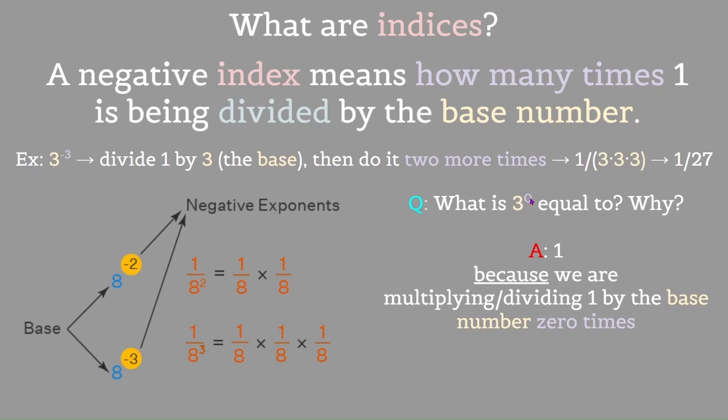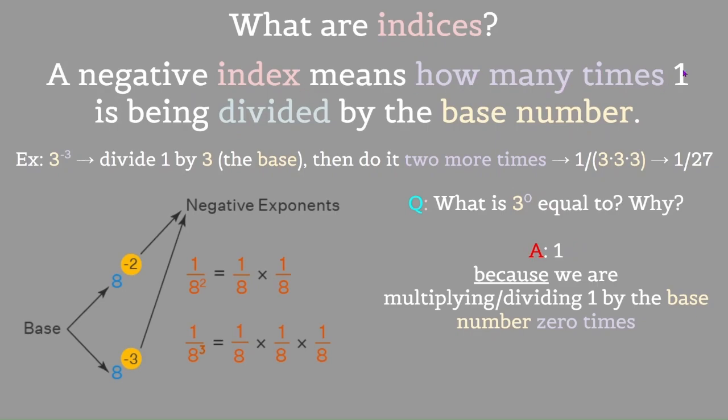So 1 divided by 3 0 times would be 1, right? You're not actually dividing it. Or 1 times 3 0 times would still be 1 because you're not actually multiplying it. So if you ever see any number with an index of 0, it is equal to 1, right? Because you're not doing anything to that 1.